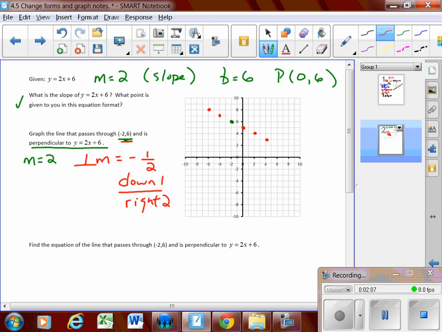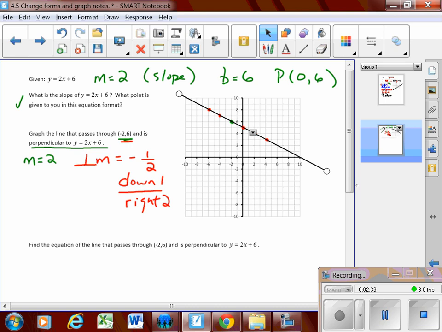I can plot 2, 3, 4, 5 points, and then given that information, I can draw a graph. So let's take our line tool and draw a line that is going to have a slope of negative 1/2 and is going to go through the point negative 2 and 6.